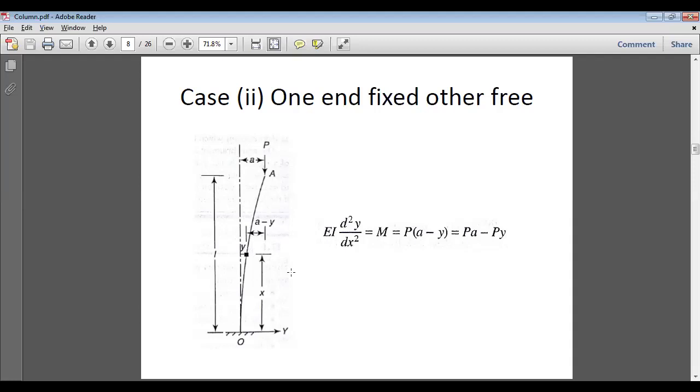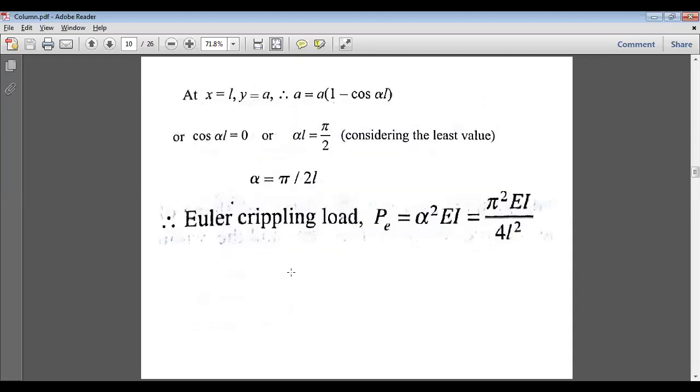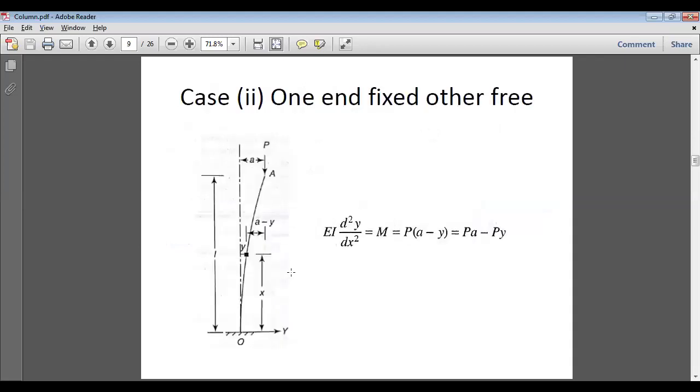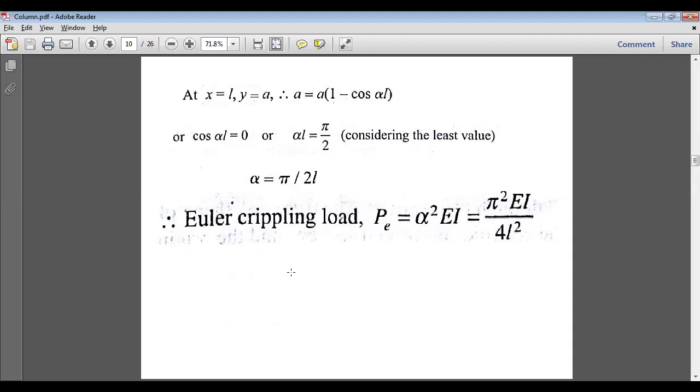So for Euler's crippling load for the case where one end is fixed and another is free, we'll have pi square EI by 4L square. Substituting these values, we will find this final equation.